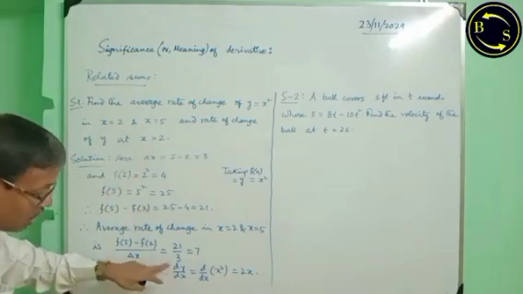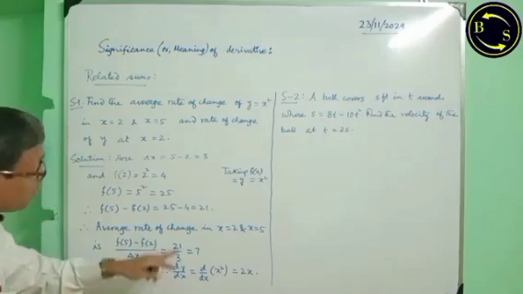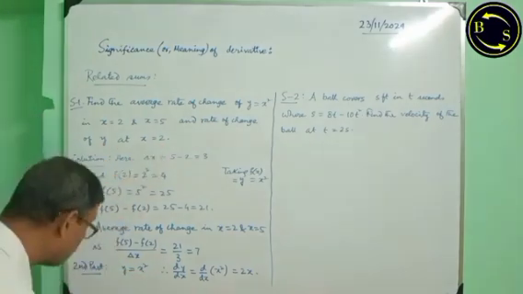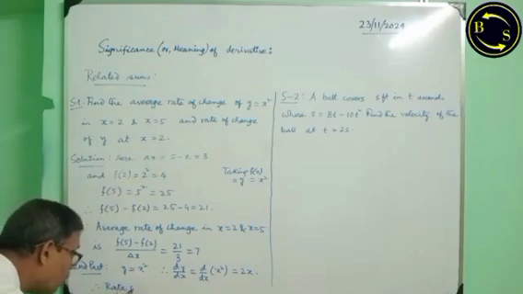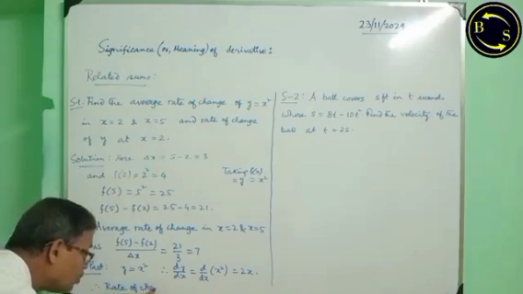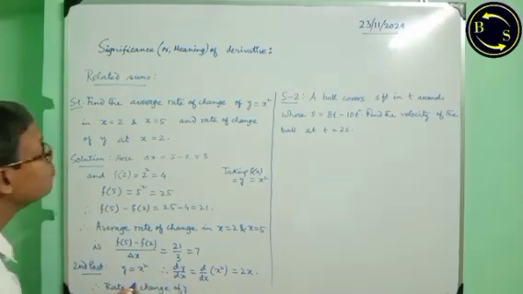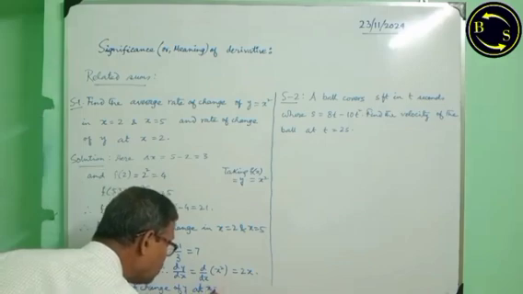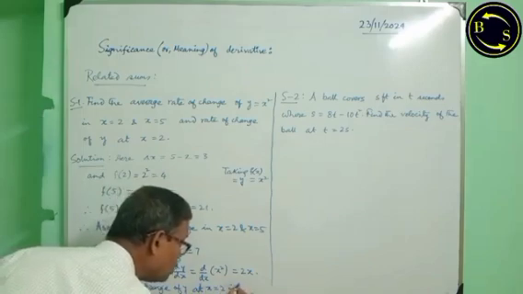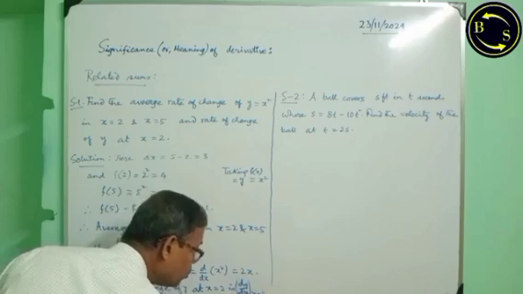Rate of change of y at x equal to 2. That means this is the rate of change of y at a certain value. We denote it like this, dy/dx at x equal to 2.